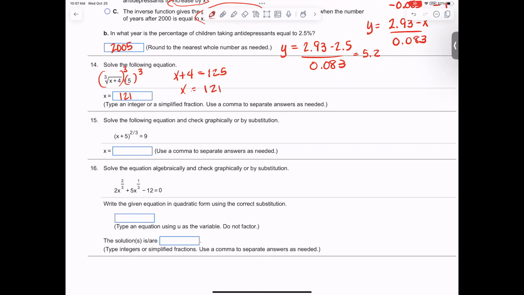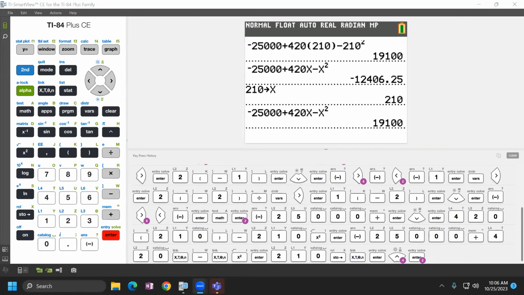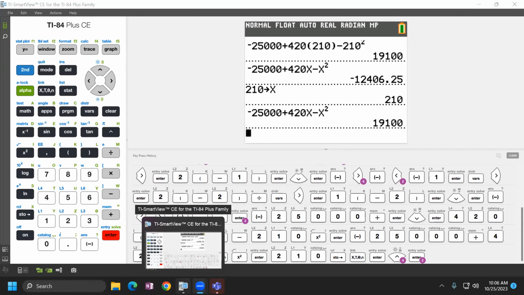You could have solved 14 graphically. I'm going to solve 15 graphically, because I know for a fact that I'm not going to get both solutions if I don't. So I'm going to share screen, and I'm going to go to my calculator. I'm going to do problem 14 first.